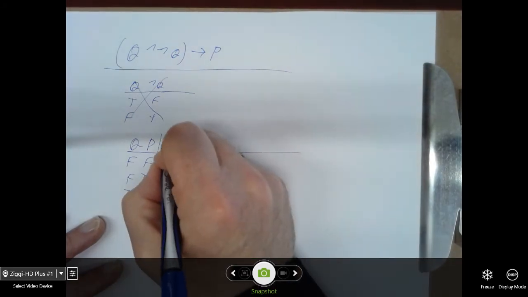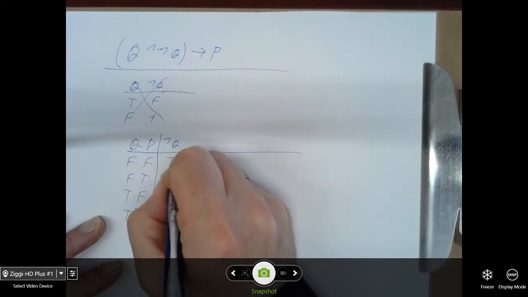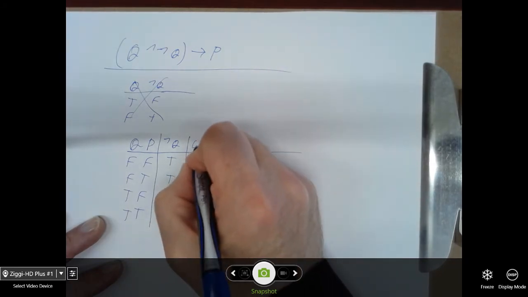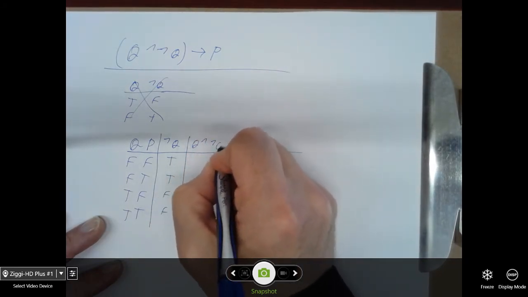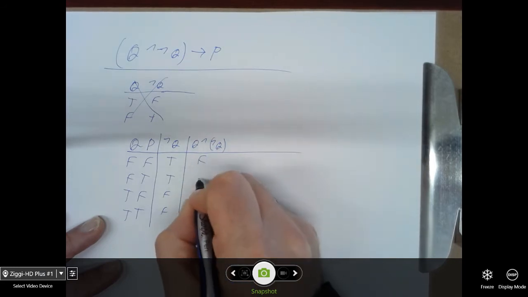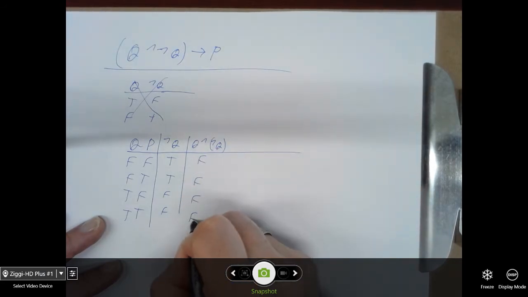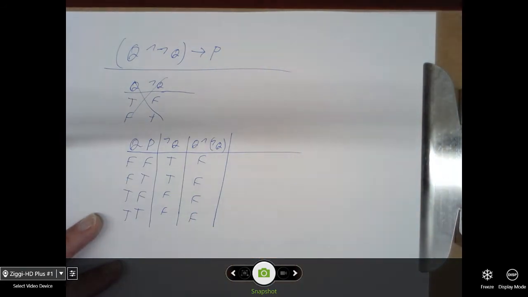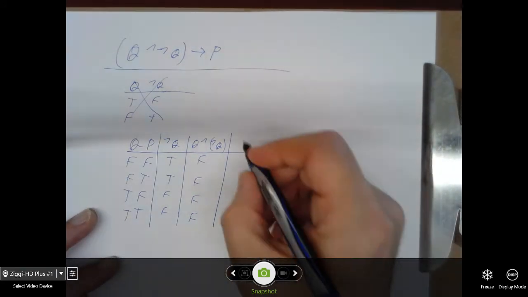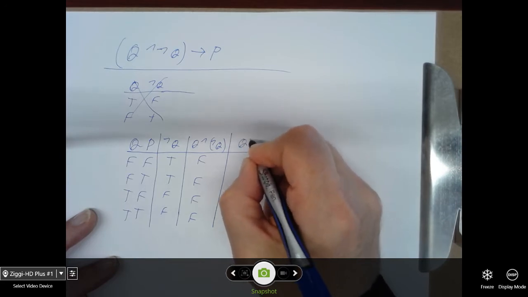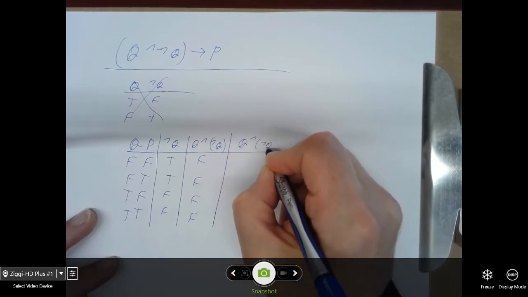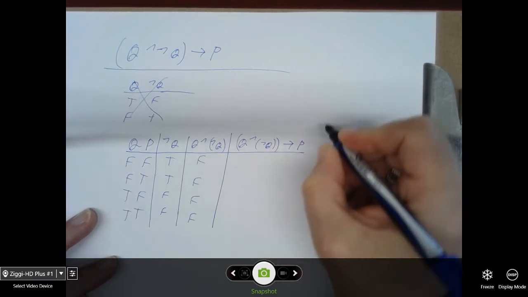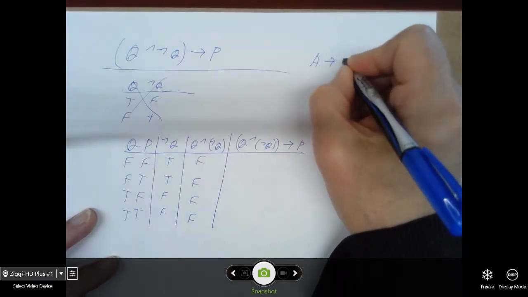So not Q is true, true, false, false. Q and not Q is always going to be false. And so Q and not Q implies P. Well, remember our implication table.